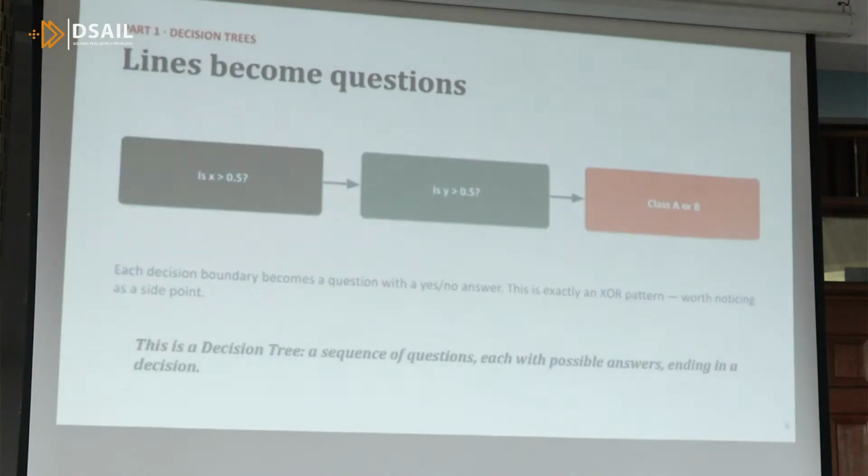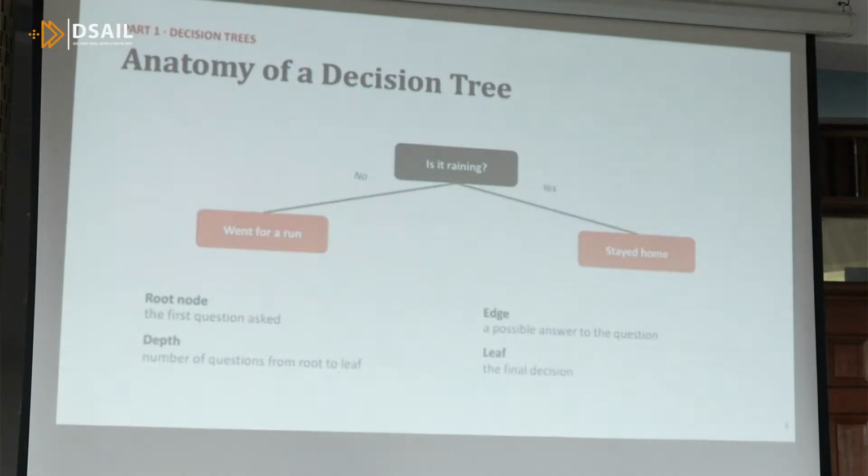Yeah, but then what makes up a decision tree, the anatomy of a decision tree? We are going to work out this example later on, but we have several nodes. So we have nodes, that's the first thing, and then we have edges, and the root node is the first question that we ask altogether.